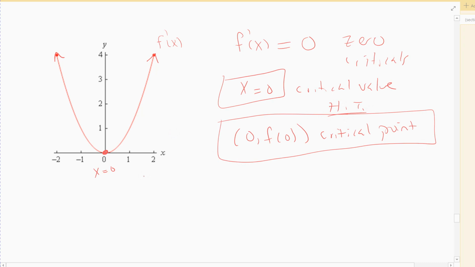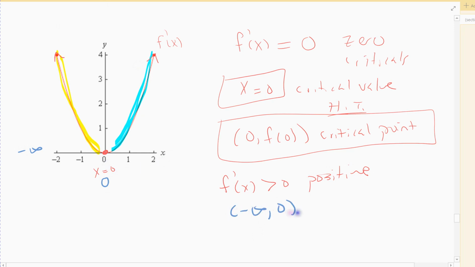Now the tricky part is you'll notice it bounces at 0, right? Meaning, when I figure out when the derivative is positive, well, it's positive everywhere but at that moment. This entire side is positive, this entire side is positive. So from negative infinity to 0, it's positive.